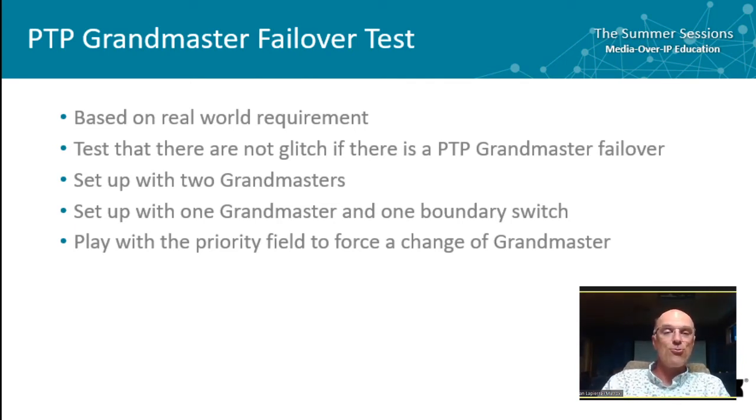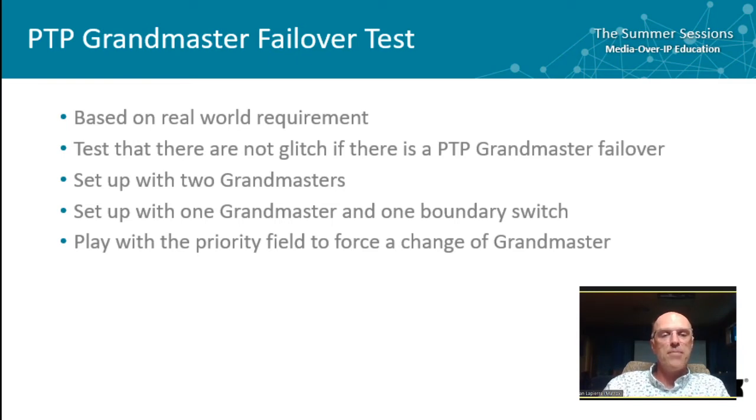If you have access to two Grandmasters, good, it's a little bit simpler. At Matrox, we didn't have two Grandmasters in our lab. We had one Grandmaster, but there's a way to do this test using only one. If you have one Grandmaster and a boundary switch, you can also do this test and make sure the device will not glitch when you're doing failover.